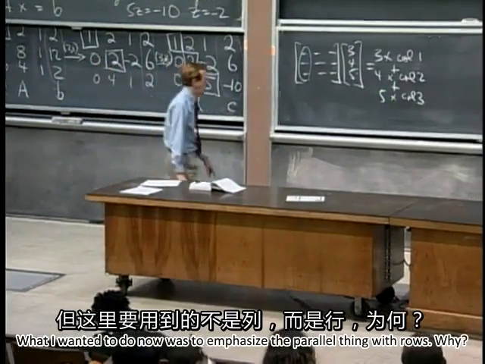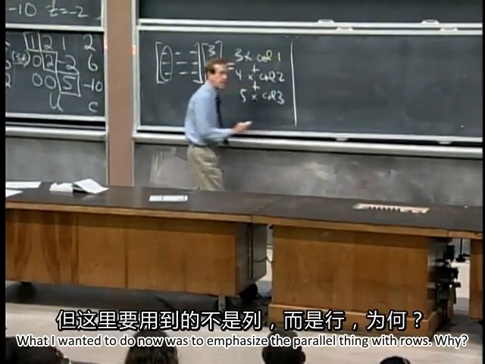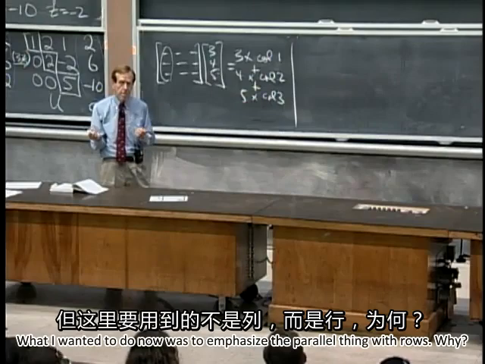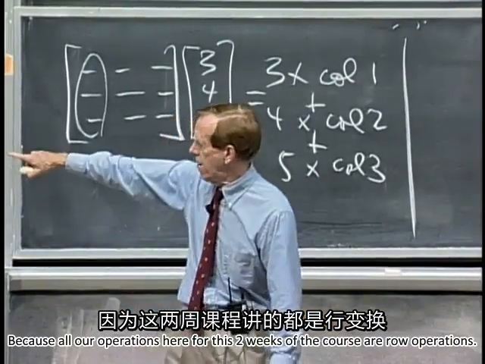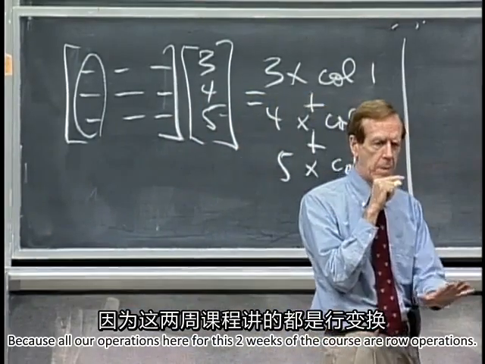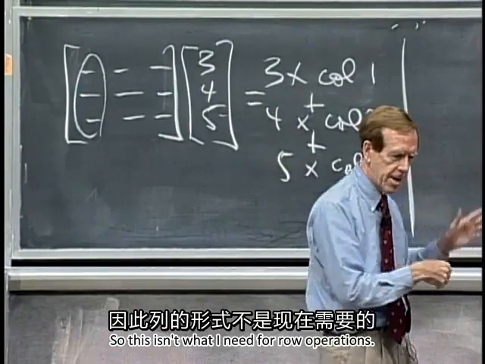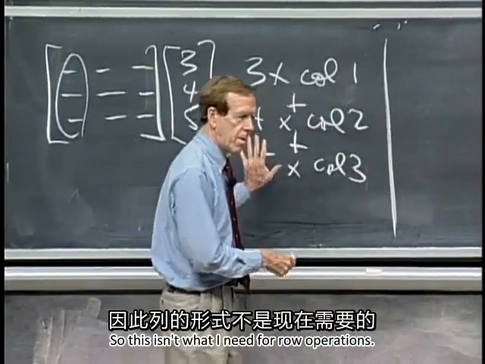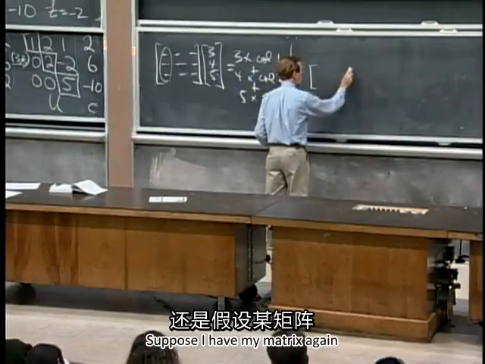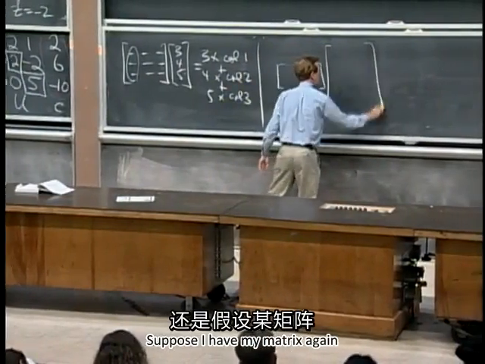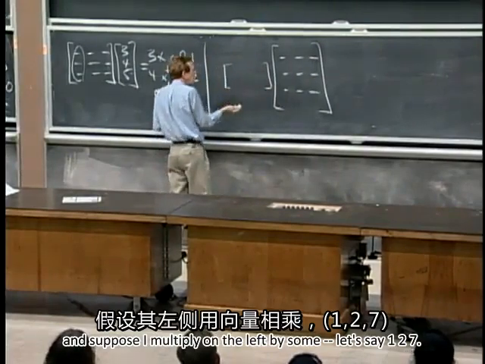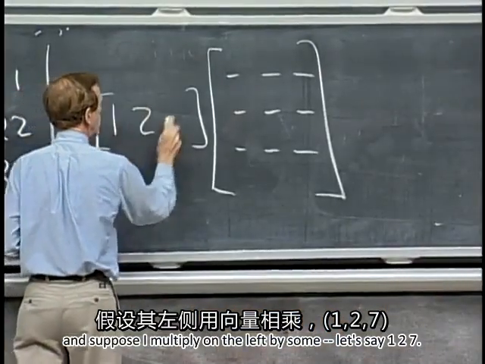What I wanted to do now was to emphasize the parallel thing with rows. Why? Because all our operations for these two weeks of the course are row operations. This isn't what I need for row operations. Let me do a row operation. Suppose I have my matrix again, and suppose I multiply on the left by, let's say, 1, 2, 7.